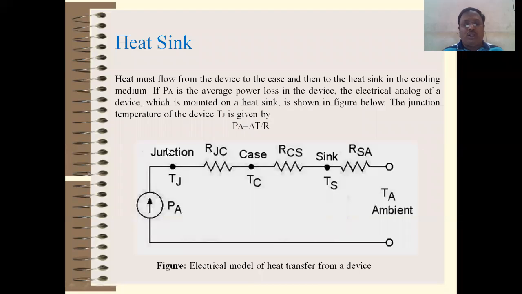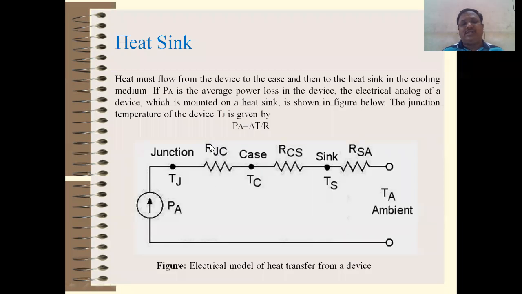So whatever temperature is generated inside the device is called the junction temperature, right? Normally temperature is generated at the junction because of the movement of electrons and holes. That temperature is transferred to the case through this RJC, which is the thermal resistance between junction and case, right?